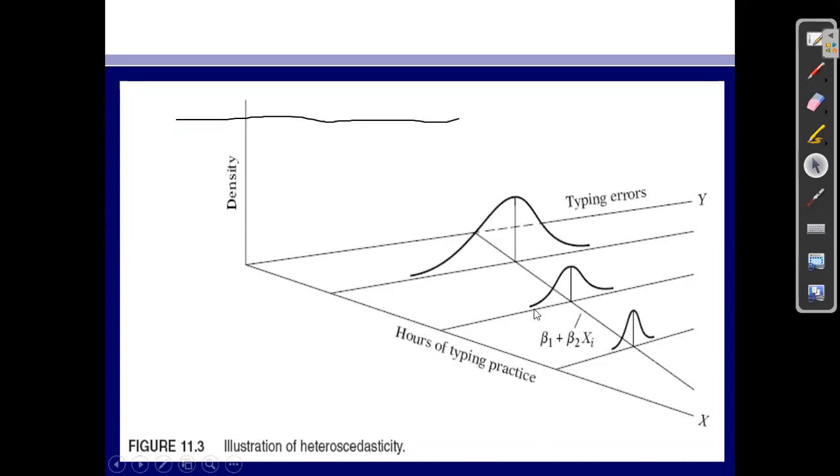As you can see from these two examples, the variance would be either increasing or decreasing. Although we may not always be sure about every situation, that's why we test our model for heteroscedasticity, right? But you should be very clear that there would be situations where the variance may not remain constant, okay?